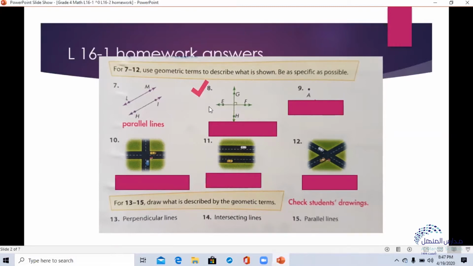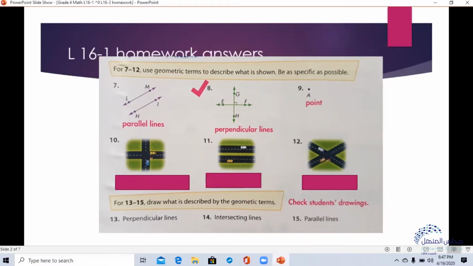That square means that this is a right angle, which means that these are perpendicular lines. Question number 9. If we look at the point there, it has only one point, so that means this is a point.